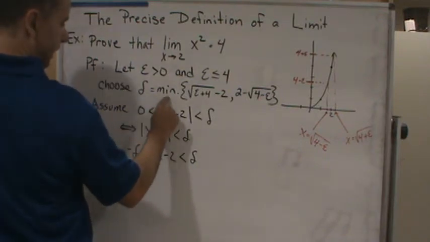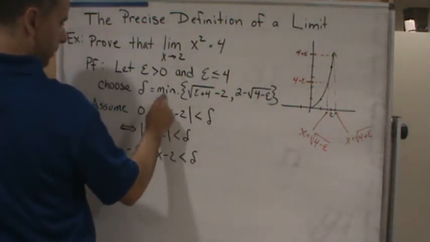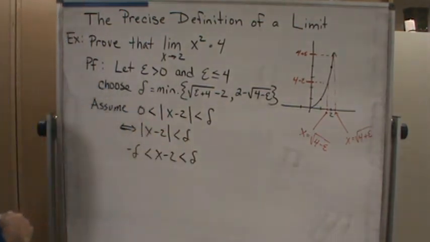Now, let's use the fact that we're choosing delta to be the minimum of these two.